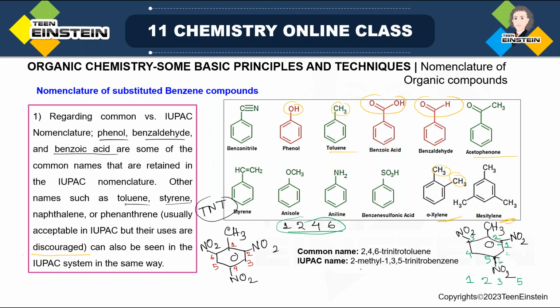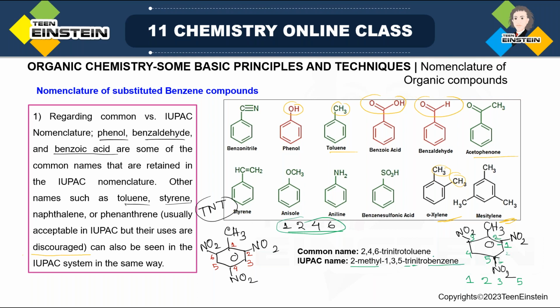So look at the IUPAC name: 2-methyl, because M comes before N. So don't consider this prefix, it is just the total number of NO2. Methyl should be mentioned first, whatever its number, because of alphabetical order. So it is 2-methyl, then 1,3,5-trinitro, and then benzene.